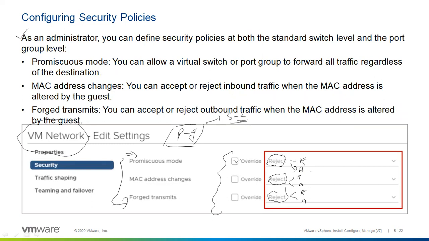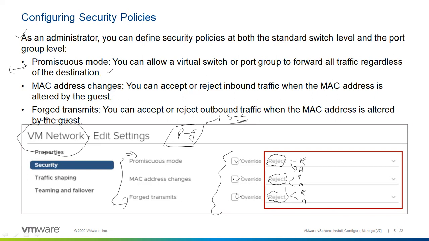Okay. So now let's understand what these three security policies do primarily and how they impact my virtual port that is consumed by the virtual machine. When I say promiscuous mode, it means that you can allow a virtual switch or a port group to forward all traffic regardless of the destination.